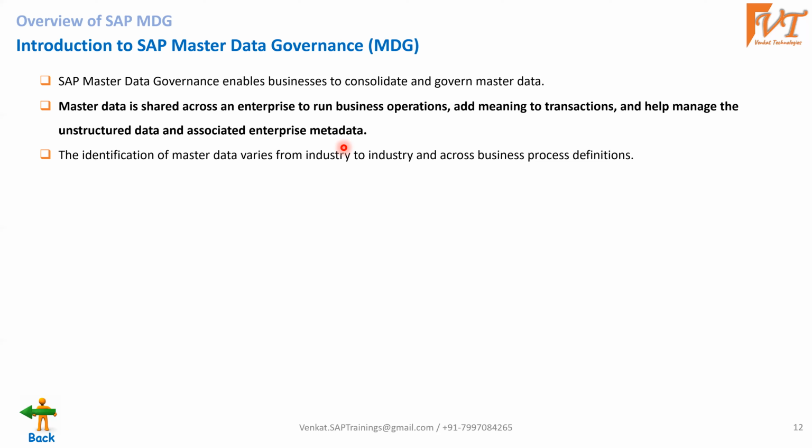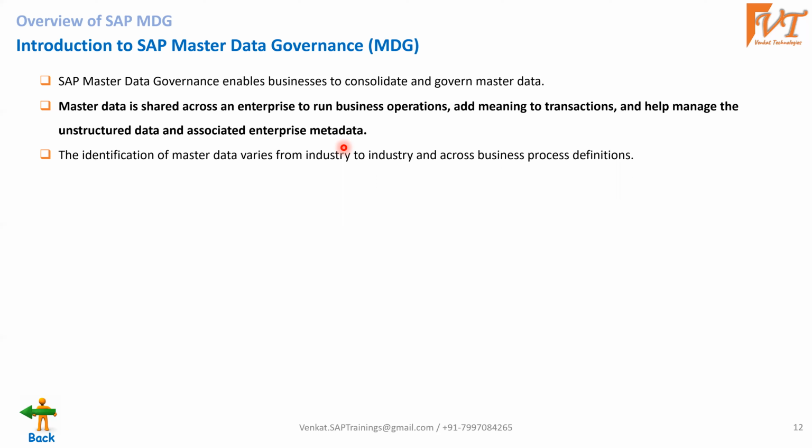Master data varies from industry to industry. But the master data categories are universal. Like we have seen in one of the slides, we have various types of master data: material master data, customer, supplier, and finance master data, like the company code, GL account, cost center, profit center.